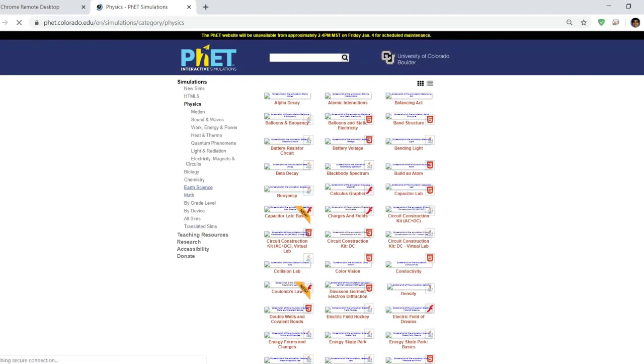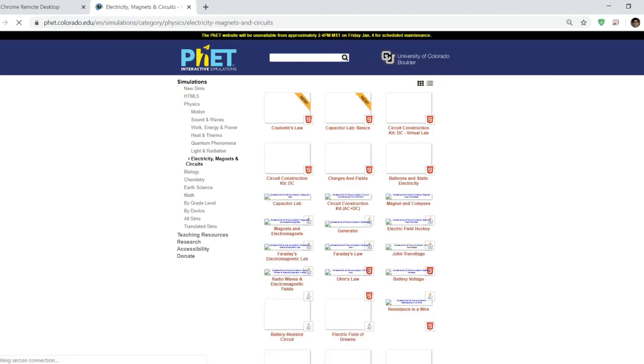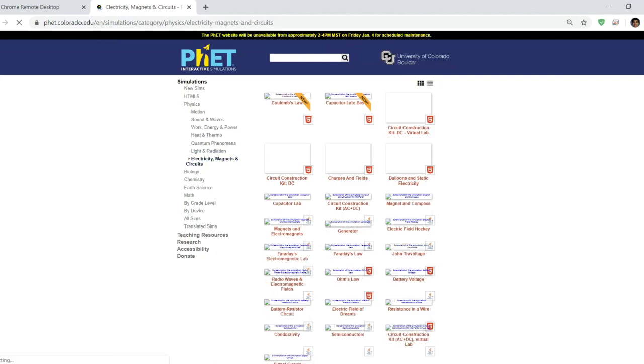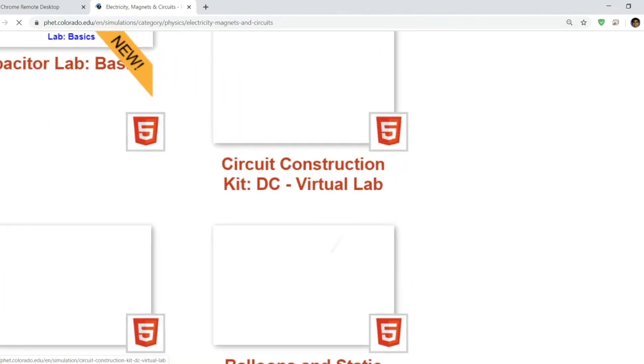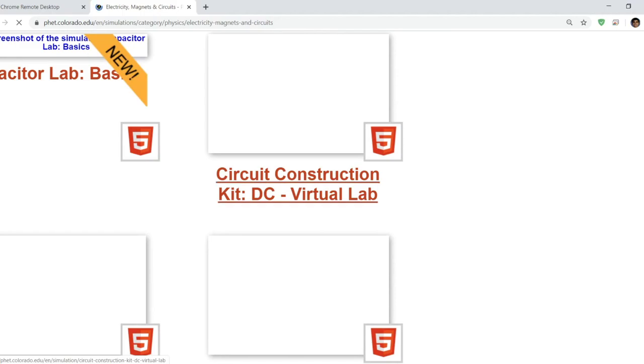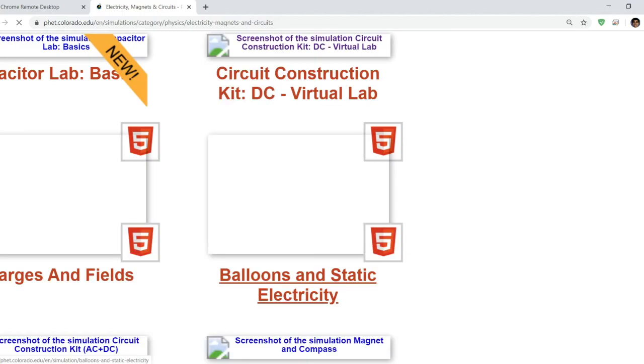You click on electricity, magnets, and circuits. And it's this third one here that says Circuit Construction Kit DC Virtual Lab.